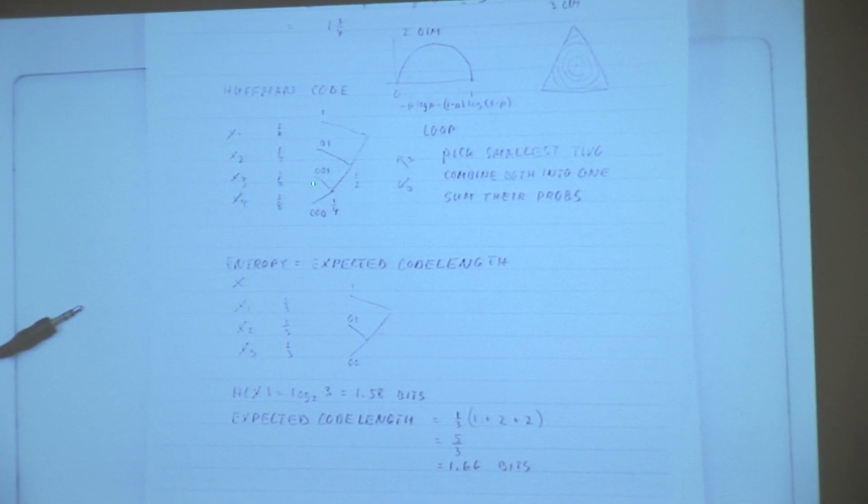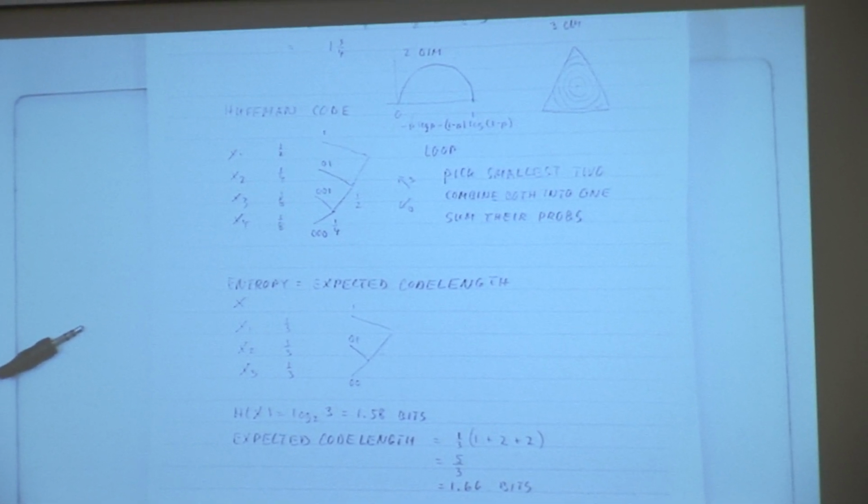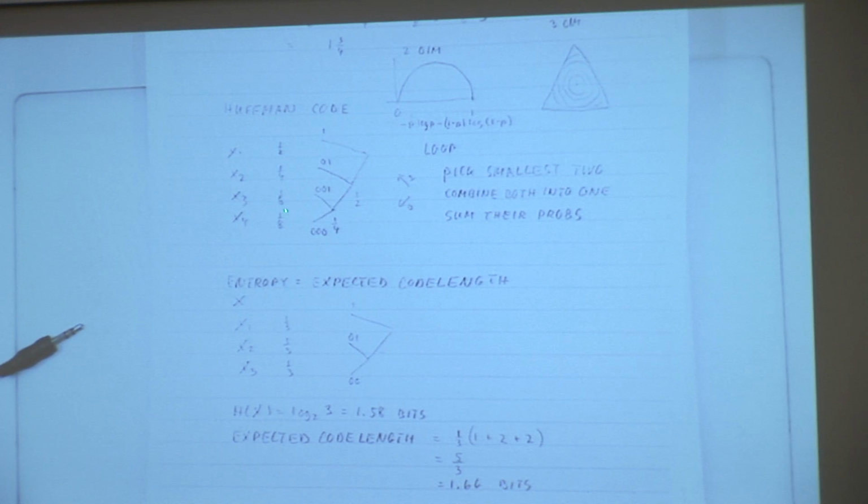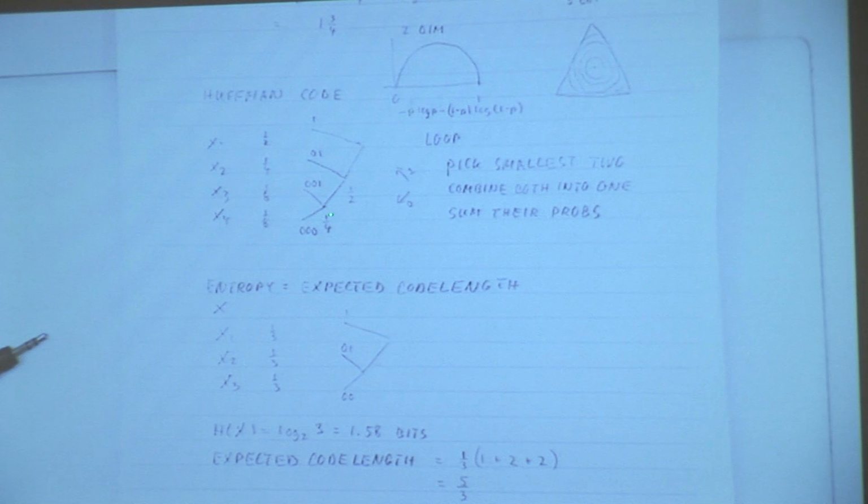So how do you build a Huffman code? You look at the smallest 2 symbols, and you combine them. You build a little tree. You label the combined node 1/4 because 1/8 plus 1/8 is 1/4. Now you have 1/4, 1/2, and 1/2. Now you combine the 2 smallest, and you get 1/2.